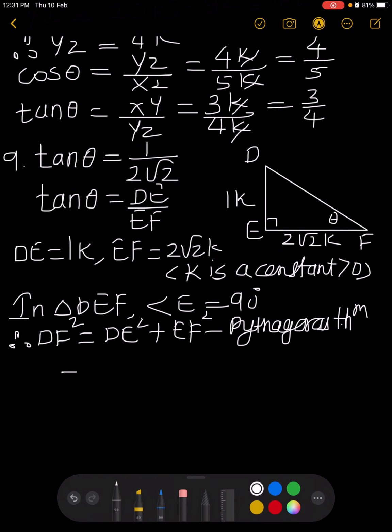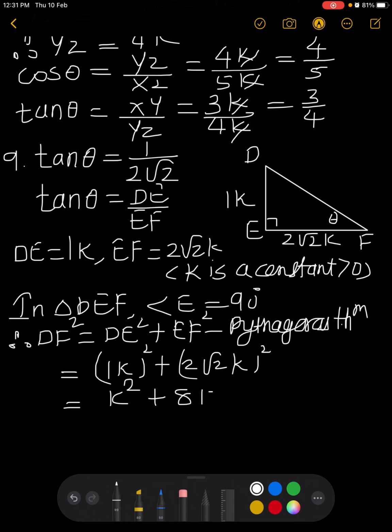Now we write DE 1k, squared, EF 2 root 2k, squared. 1k squared will give you 1k squared. 2 squared is 4 and into 2 will become 8, 8k squared. How did I square that?